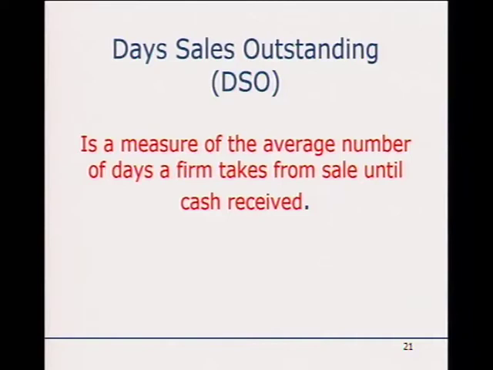So for how long? How many days are we going to wait until we receive the money? This is the period that we are talking about. We have made a sale, but that sale is still outstanding because we have not received the money. And the longer the period is, it means people are having our money for long, and we are doing without that money.